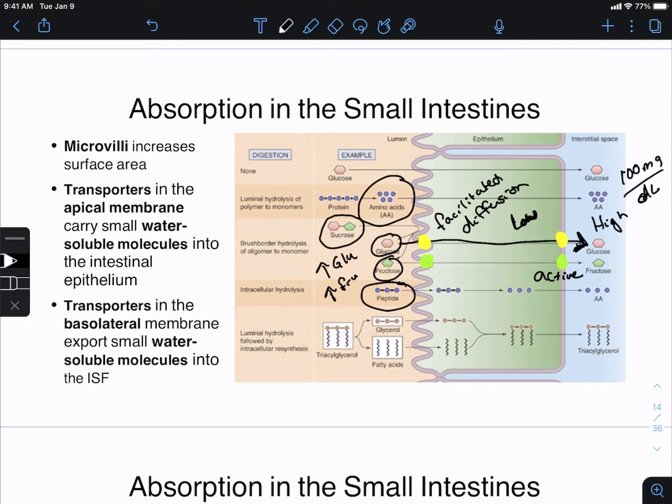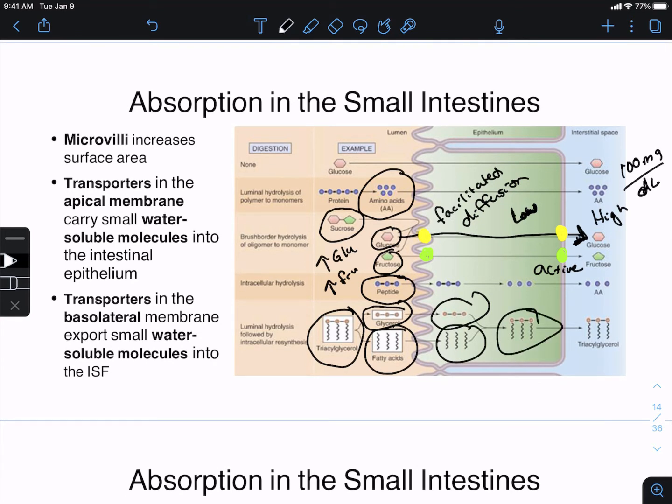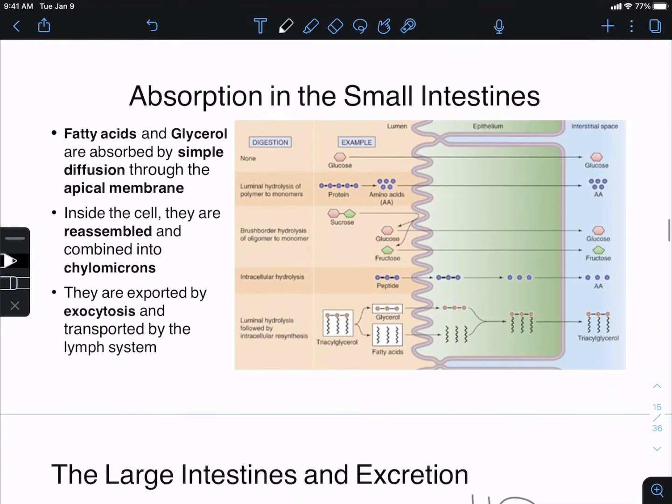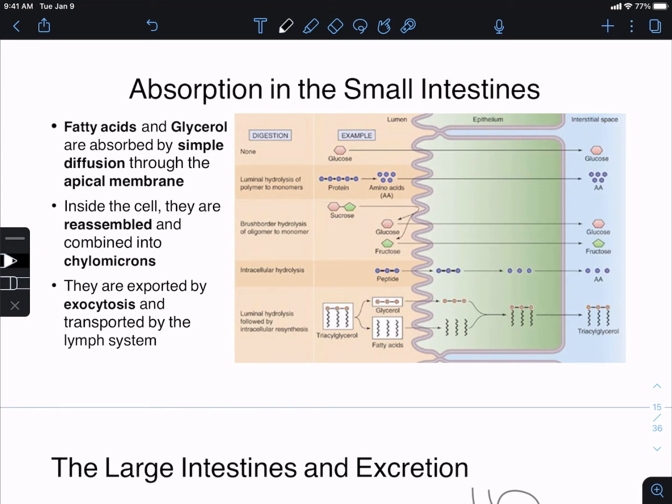Triglycerols are quite interesting in that we have to break them down into glycerol and fatty acid, transport them into the cells, glycerol and free fatty acids, and then we actually reassemble them and export them through exocytosis. Sorry, that's all scribbly and messy on the other side. And so this just kind of walks you through that process here.